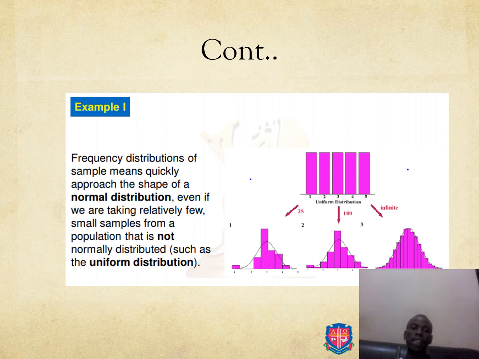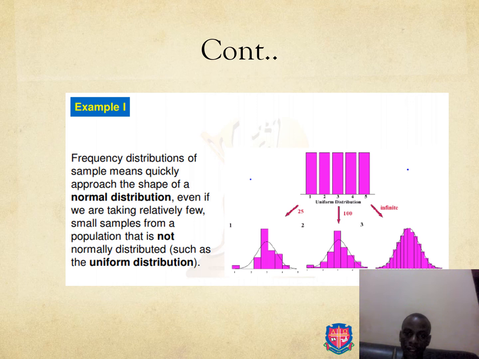So we are saying the frequency distribution of the sample means quickly approaches the shape of a normal distribution, even if we are taking relatively few small samples from a population that is not normally distributed. You can see our results down here.